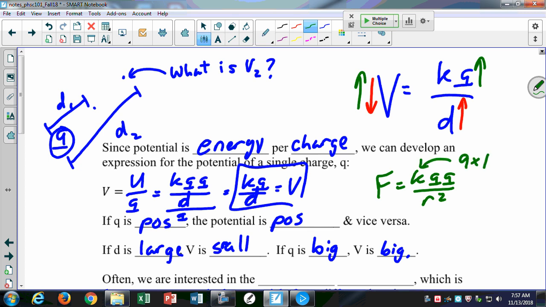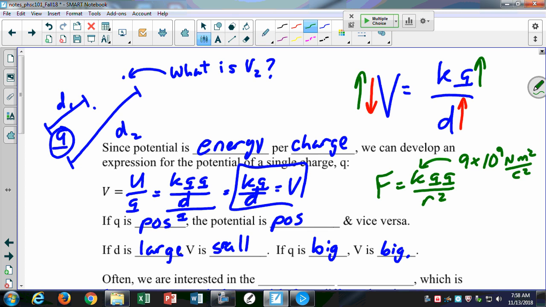It has a value of 9 times 10 to the 9th, in Newton meter squared per Coulomb squared. No, you don't need to know it. Don't even write it down. You're not going to have to use it. So the only ones that go up are the Q or the D. K doesn't do anything. K is a constant. It doesn't change.